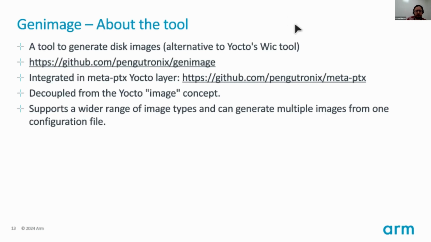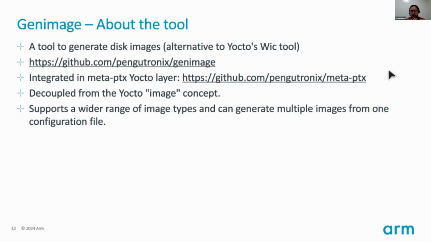So actually, on recommendation from Ross, we switched to GenImage, which has been very successful for us. There's no affiliation, but it comes from Pengutronix, and it's integrated in the meta-ptx Yocto layer.